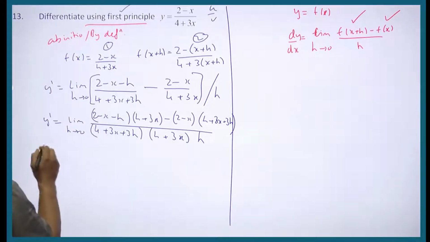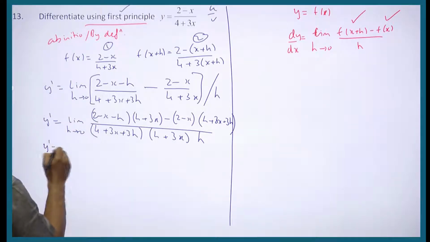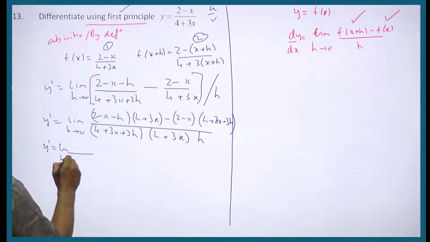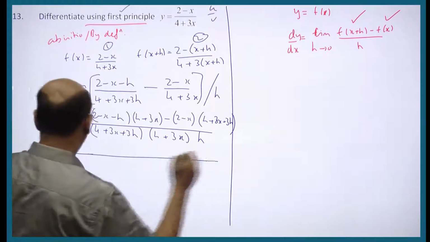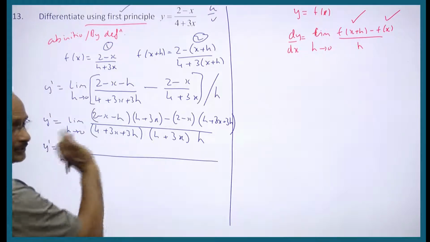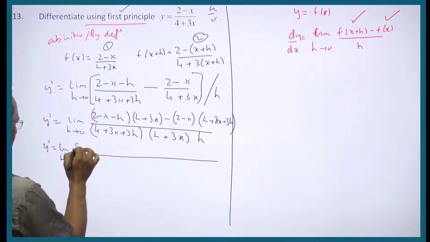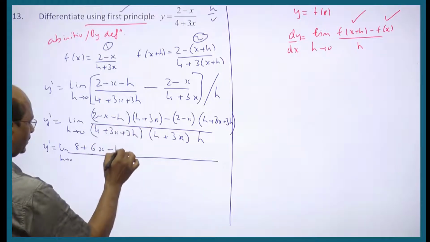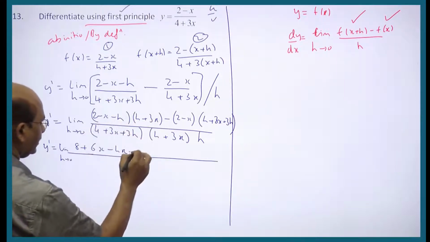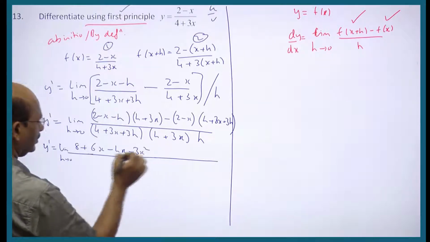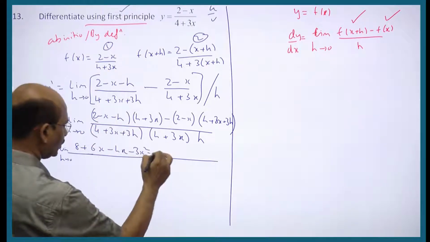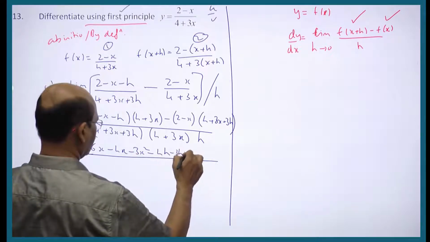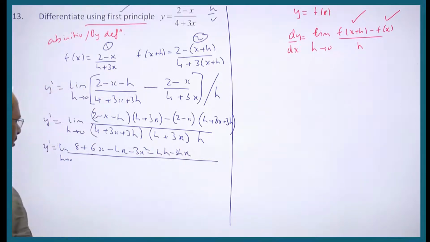Let us see. So, y dash, limit as h approaches 0. I take this up here. Now, hold on, I am just multiplying now. 2 fours are 8, plus 2 into 3x is 6x, minus 4x, minus 3x square, minus 4h, minus 3hx. Okay, right.